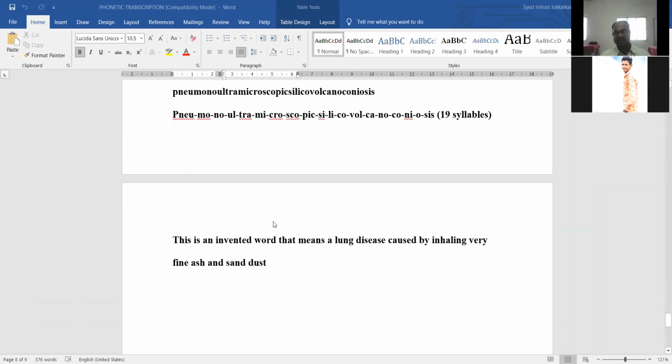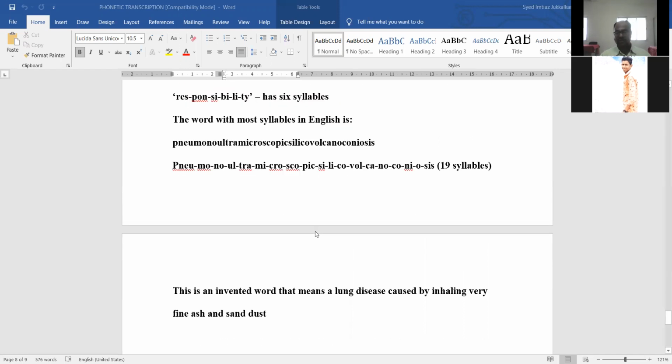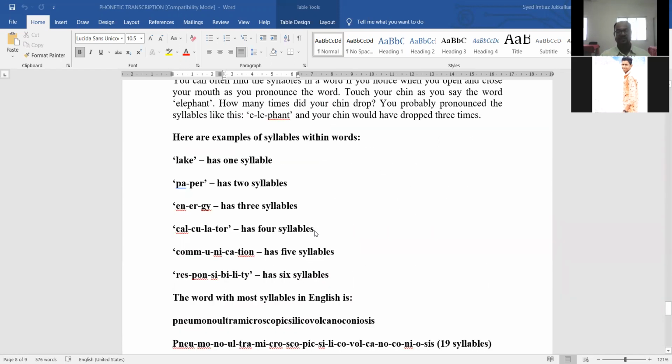So the word means, this is actually an invented word that means a lung disease caused by inhaling very fine ash and sand dust. So this is a formed word. It has been invented.